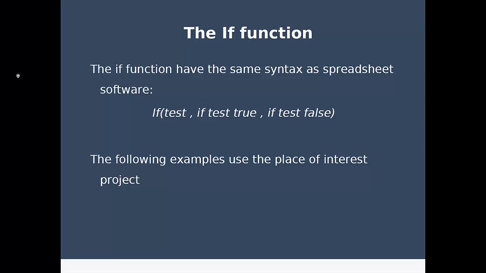The if function has exactly the same syntax as the if function in spreadsheet software, where first you enter your test, and then what happens if the test is true, and what happens if the test is false. In the following example, we keep using the Toronto Place of Interest project.